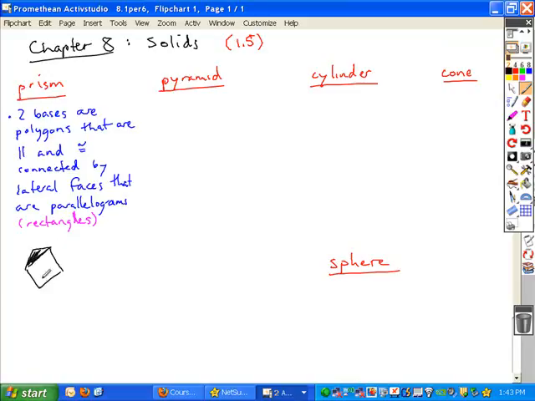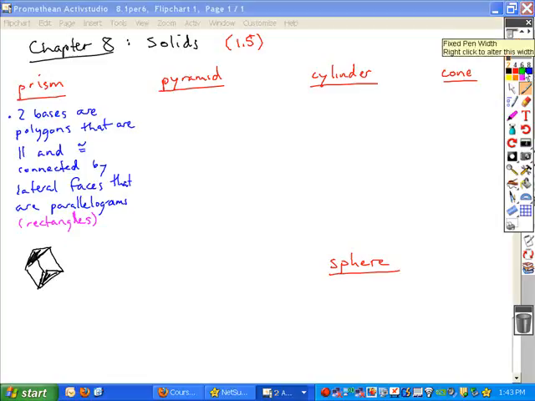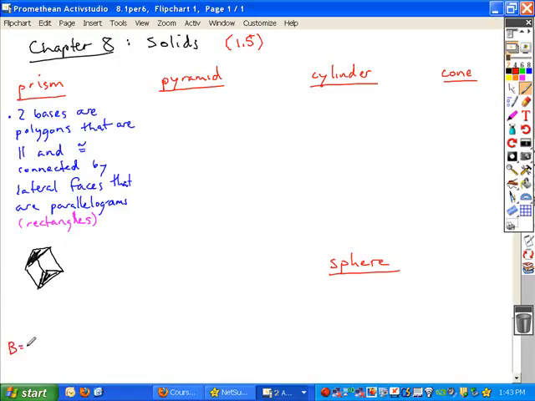Okay, so here would be an example. If you have a triangular base, a parallel and congruent triangular base, connected by rectangles, then you're dealing with a prism. Prisms are named by the shape of their base, so this would be a triangular prism. Capital B will be used to represent the base of a solid, or the area of the base of a solid.